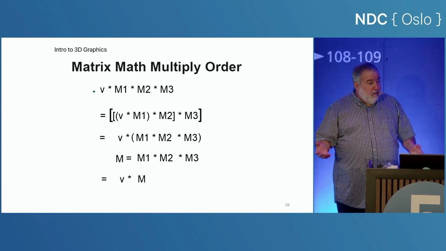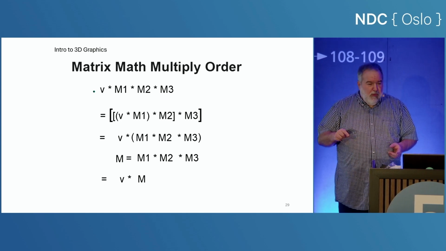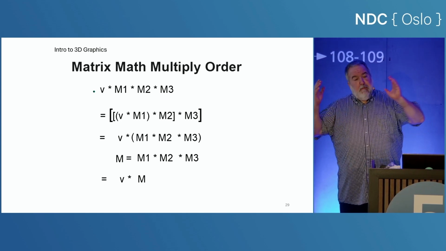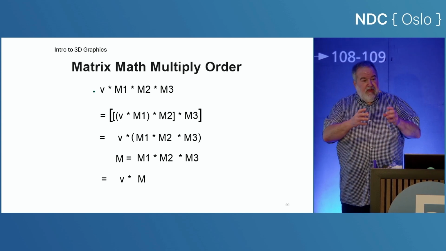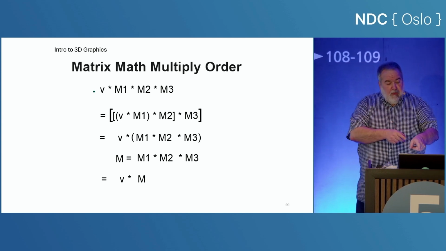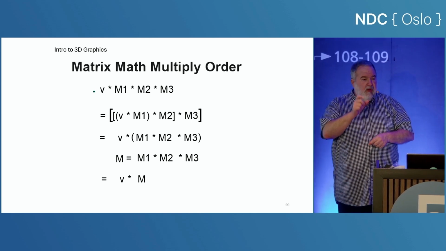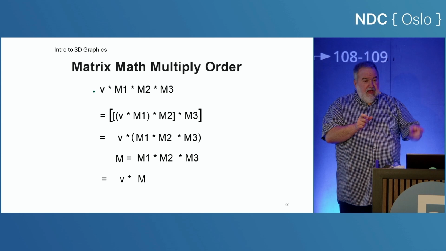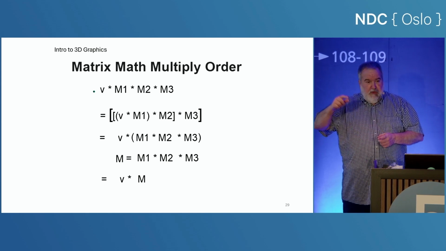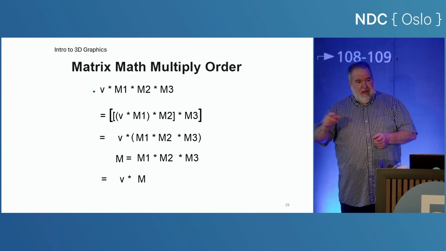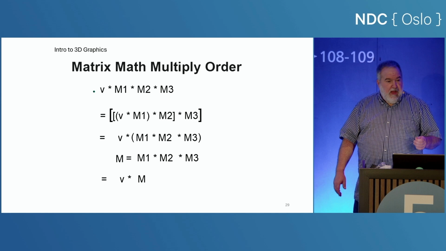If you had a whole bunch of points you were doing this to, that's 3 matrix operations you're doing for every single point. But if you can combine all these matrices in order, M1, M2, M3, into a single matrix just called M, then you can multiply it times that point, and you can go through your whole list of points and multiply that one simple matrix against your entire list of points. That way you didn't have to do M1, M2, M3, M1, M2, M3, etc. And therefore you've just done 1/3 as much math.